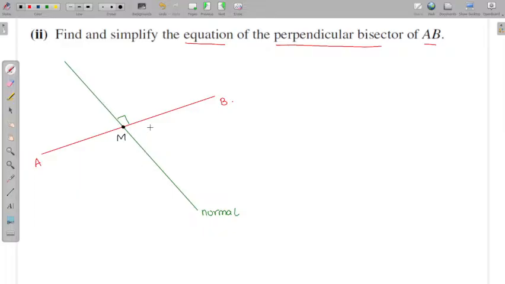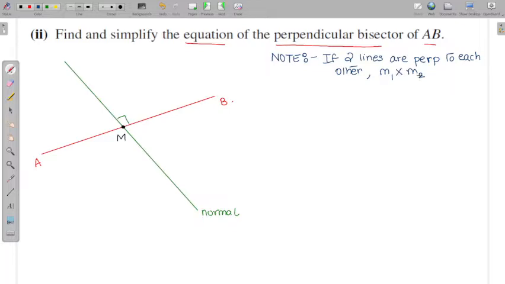So whenever two lines are perpendicular to each other, the product of their gradients is always equal to -1. So a quick note, if two lines are perpendicular to each other, suppose M1 is the gradient of line 1 and M2 is the gradient of the second line.